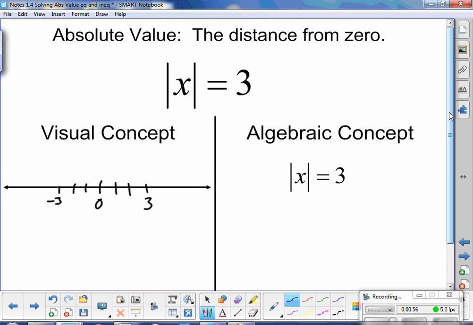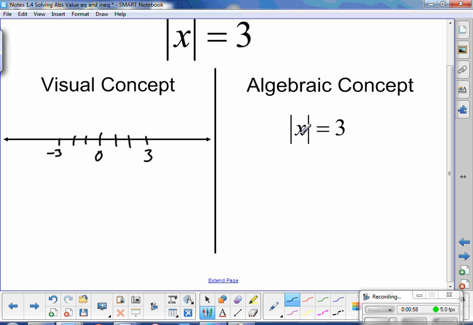Now the algebraic concept is this. The absolute value of what number is 3? The answer is negative 3 and positive 3, because the absolute value of negative 3 is 3, but the absolute value of positive 3 would also be 3. So I know the stuff inside of here has to be both of these.